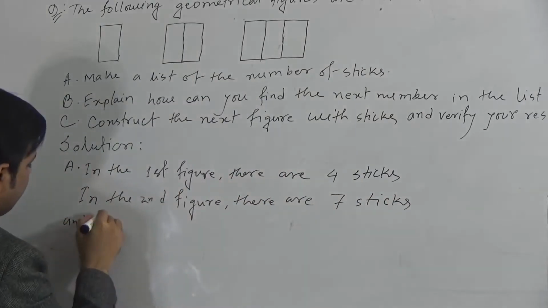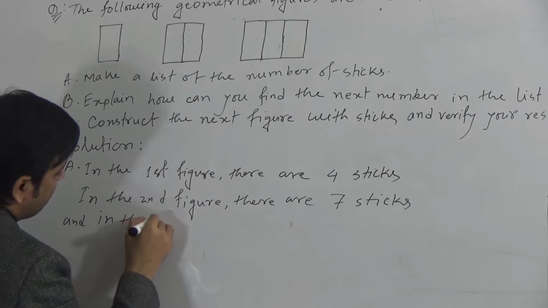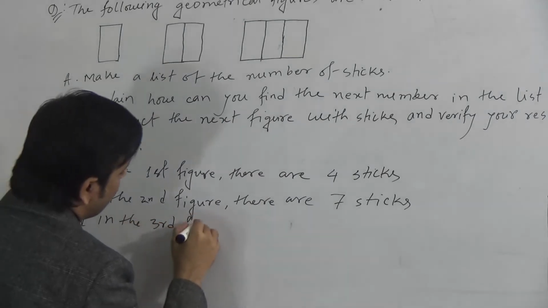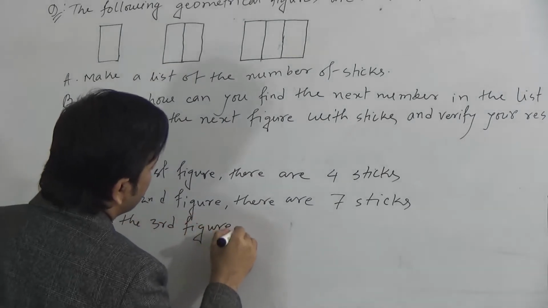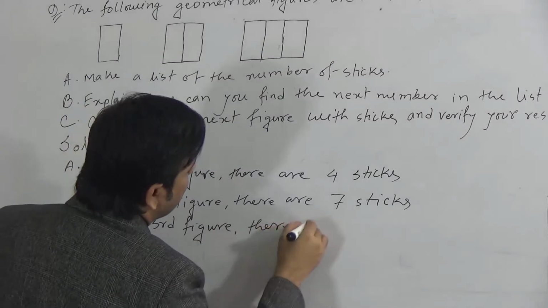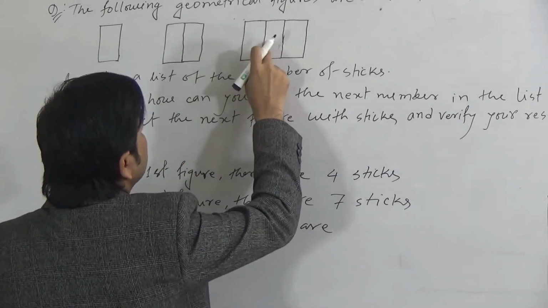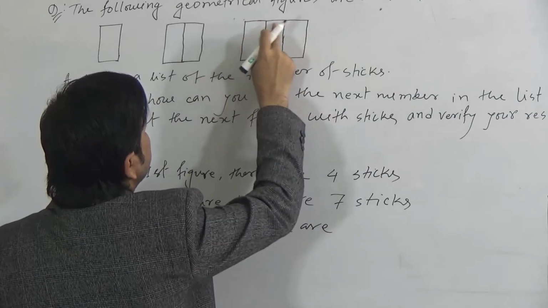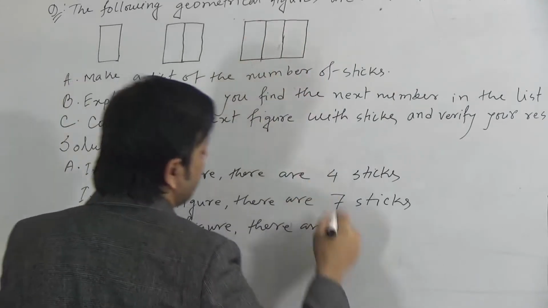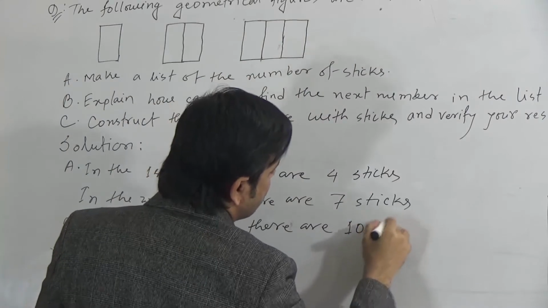And in the third figure, there are how many sticks here? 1, 2, 3, 4, 5, 6, 7, 8, 9, 10. 10 sticks.